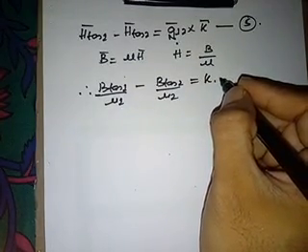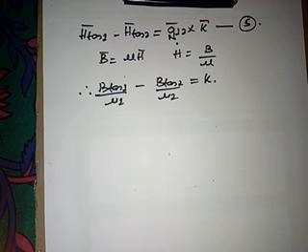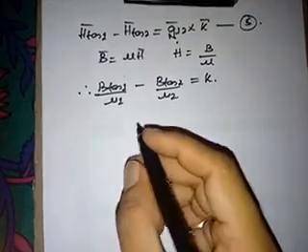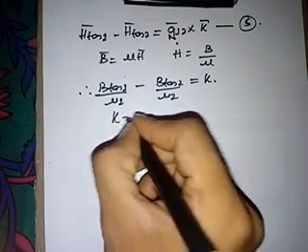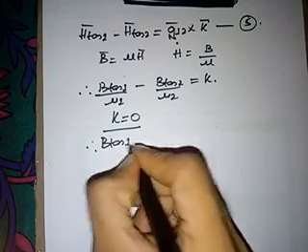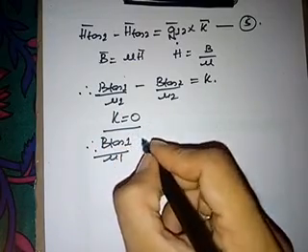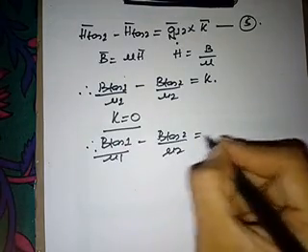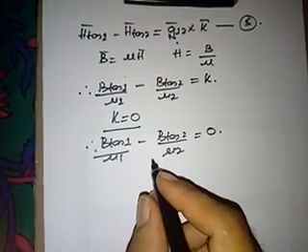Now here K is 0 if we consider the boundary condition for a surface which is free of current. If it is free of current, it means K is 0, current is 0, therefore B tan 1 divided by mu 1 minus B tan 2 divided by mu 2 is equal to 0.